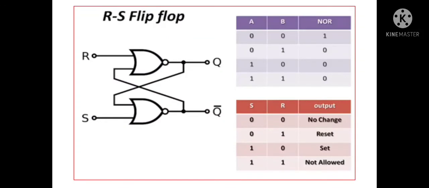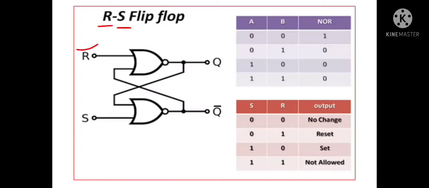Now come to this topic, RS flip-flop. Here R means reset and S means set. That means here we can reset or set the output of this flip-flop. So in this particular case, there are two inputs.